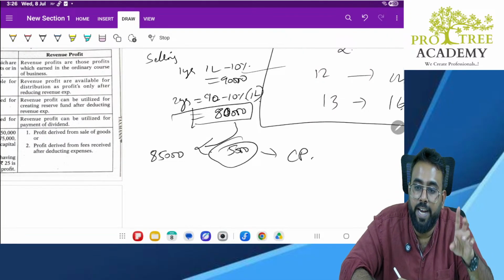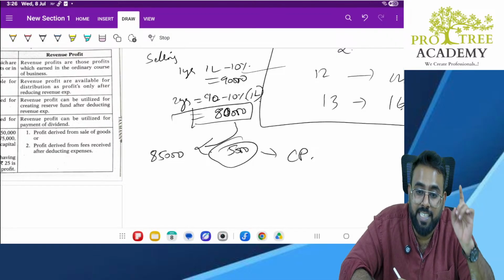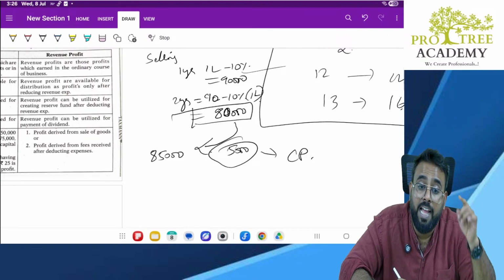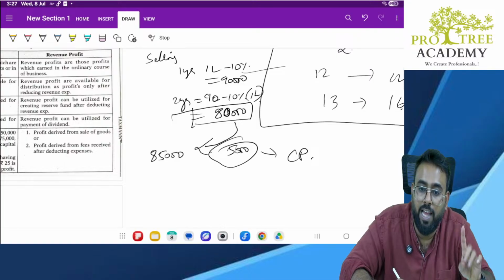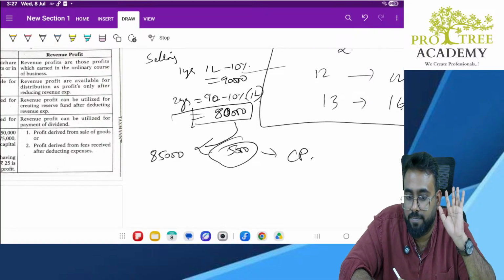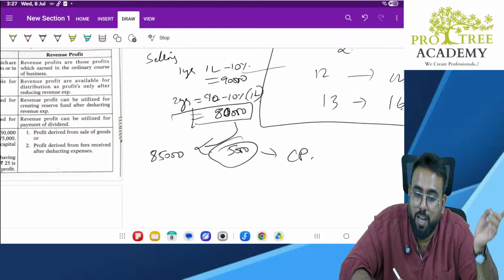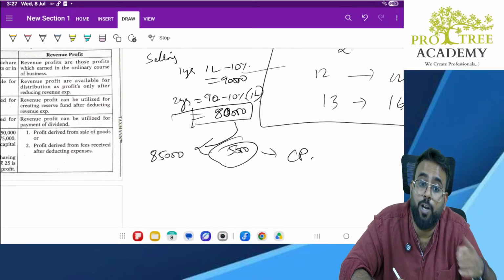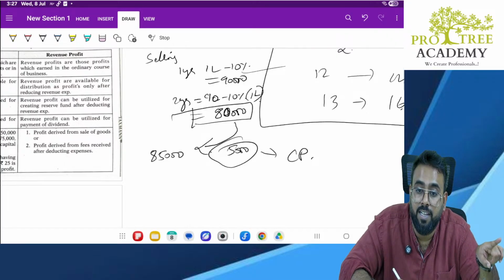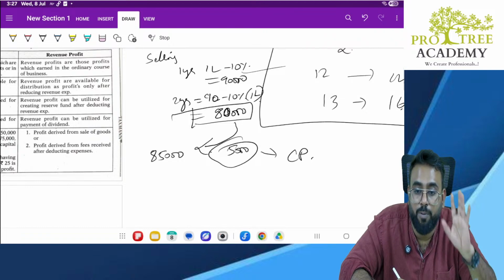Any profit made on sale or settlement of your assets or liability is called as capital profit. Understanding? Any profit made on sale of assets or settlement of your liabilities will be considered as capital profit. Especially assets.